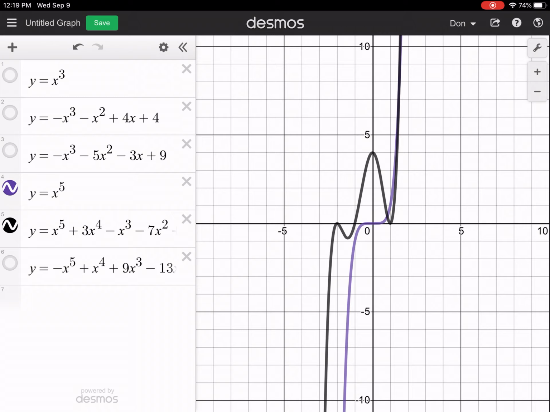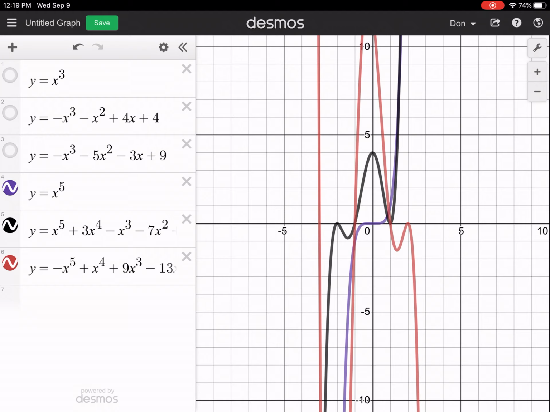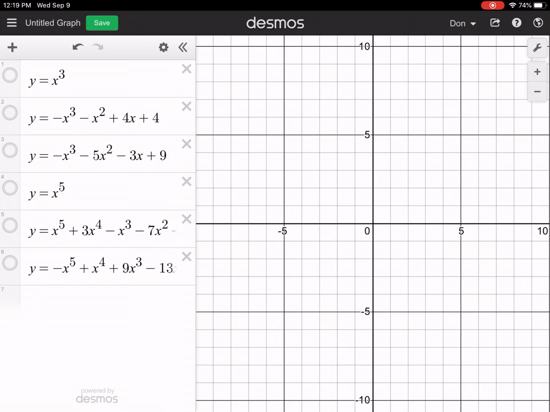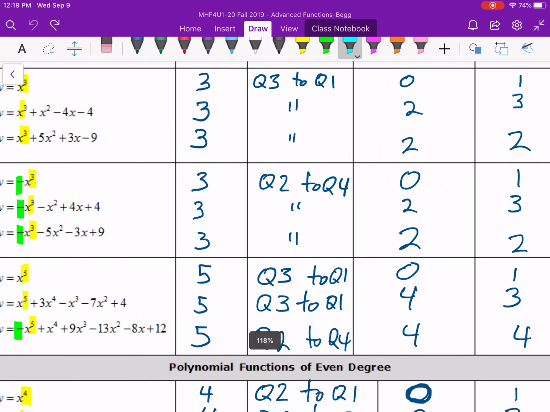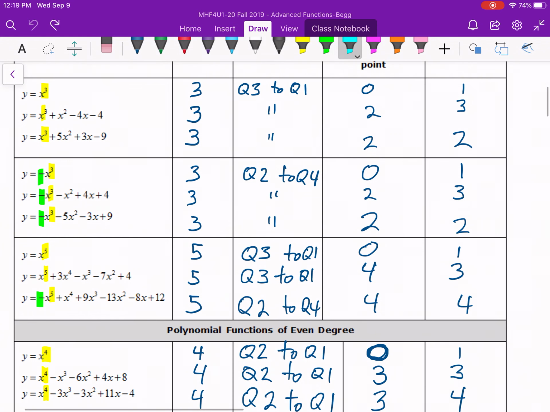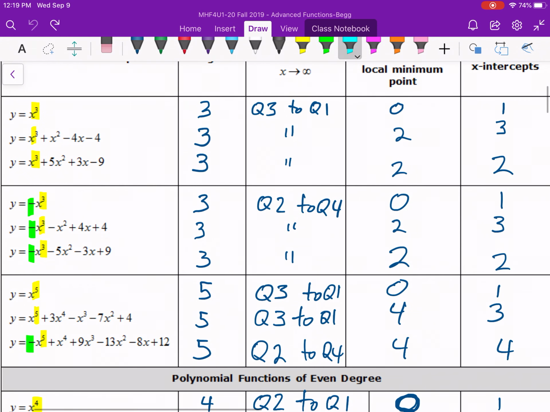This last one, this red one, is also degree 5, but that negative leading coefficient reflects it in the x-axis and makes it go from quadrant 2 to quadrant 4. So this is what we have filled in for these 3 here. They're all degree 5. We have the end behavior written down.